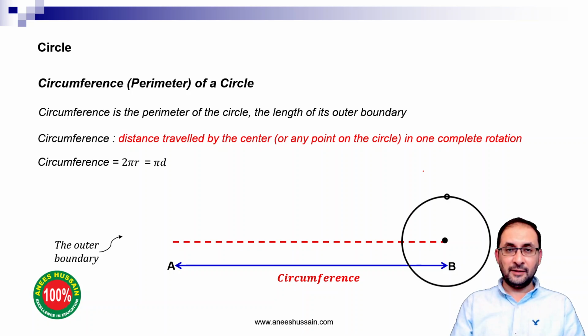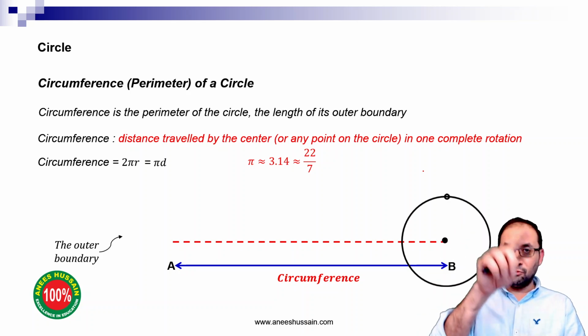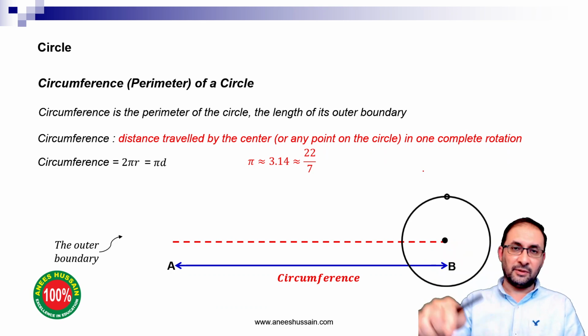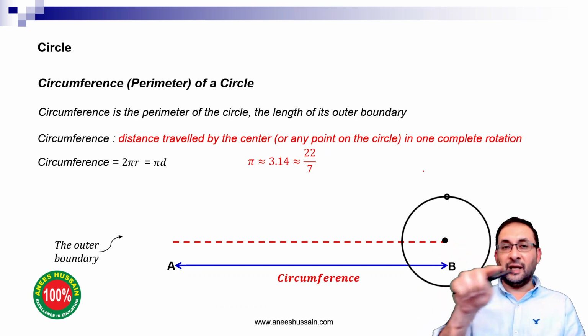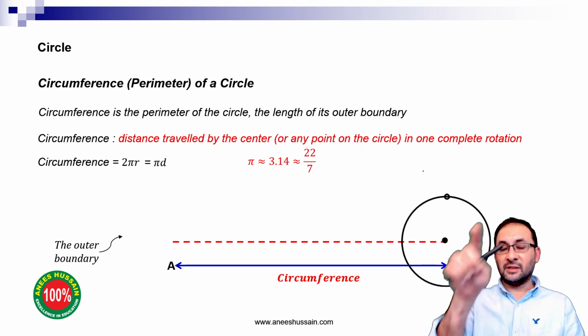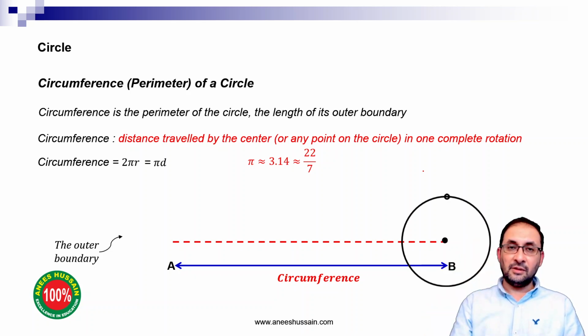And what is pi? Pi has an approximate value of 3.14 or an approximate value of 22 over 7. How do we define pi? What exactly is pi? Well, mathematicians discovered that anytime they made a circle and measured the boundary of the circle by putting a string around it, for example, and measured the diameter, then the ratio between the circumference and the diameter was always a fixed value, and that value was approximately 3.14.